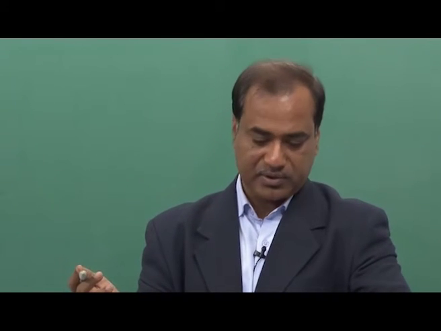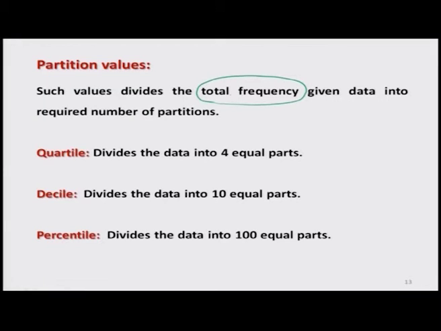Now, we come to the other aspect. Whenever we have got a data set, we would like to divide that data set into several partitions. One of the approaches to partition the data set is to use the total frequency, that means all the data. This data can be divided into 4 equal parts, say 10 equal parts or say 100 equal parts.